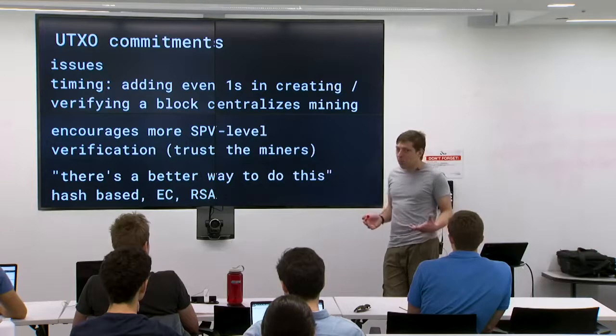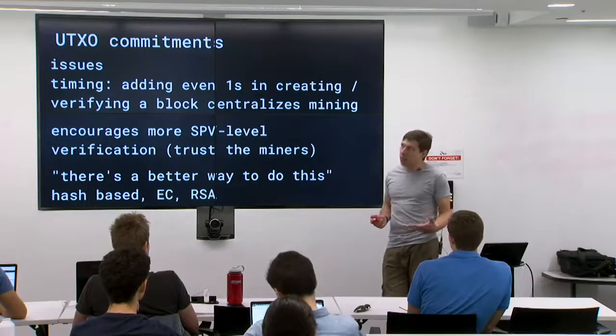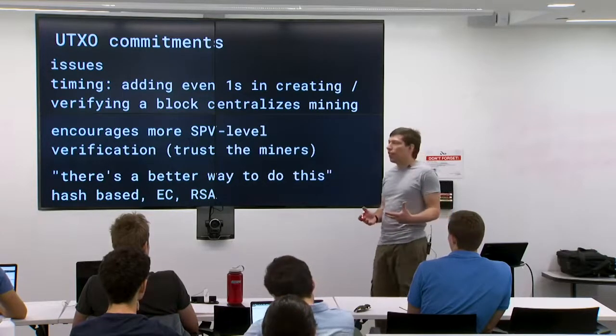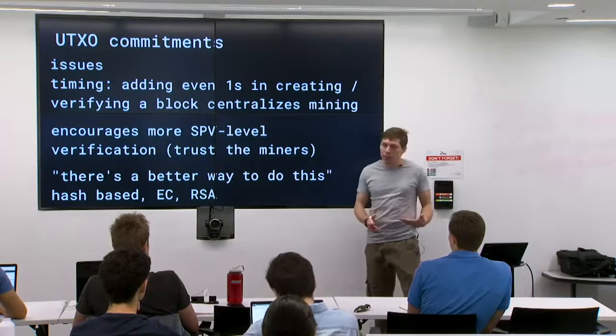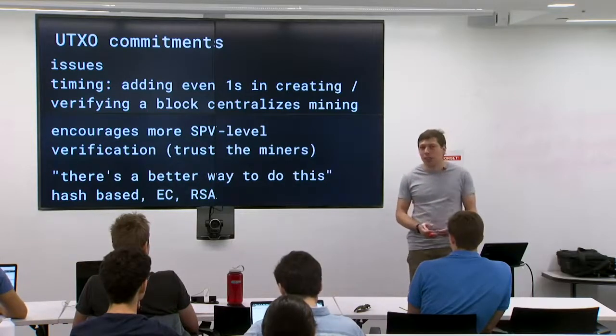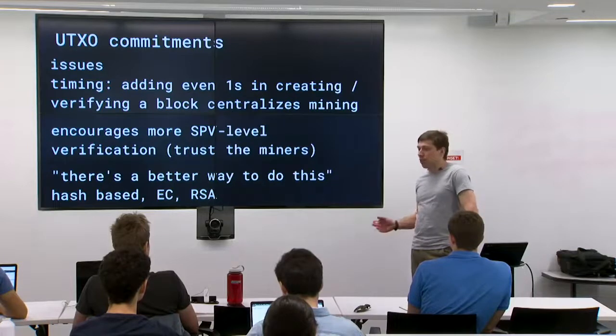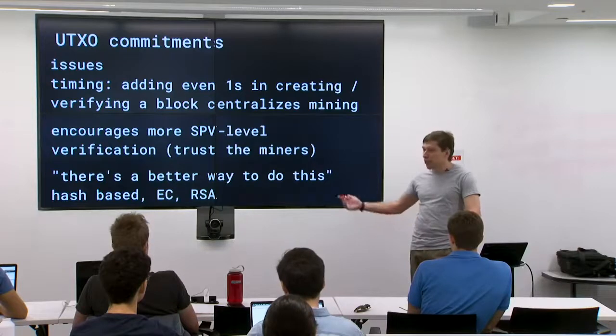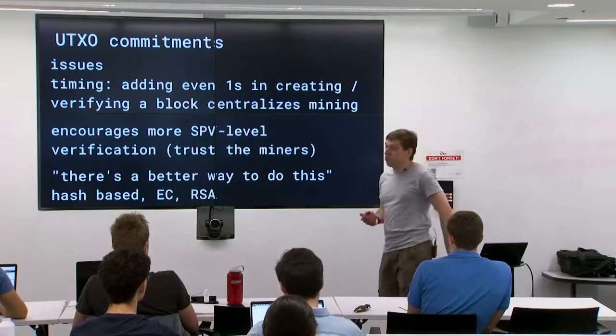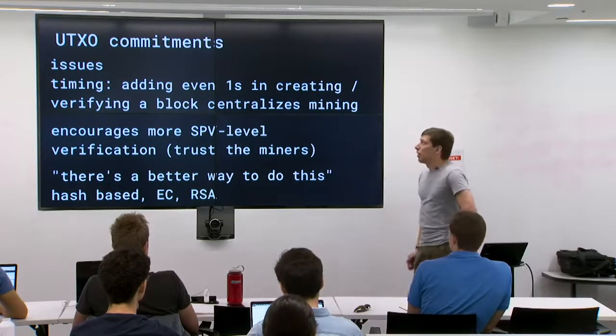A larger miner doesn't need to verify the block that just came out, right? Because they created it. If they created a block themselves, they know it's fine. They build on top of it immediately with zero propagation delay, zero verification delay. Smaller miners or a miner receiving that block have to make sure it's correct before mining on top of it.